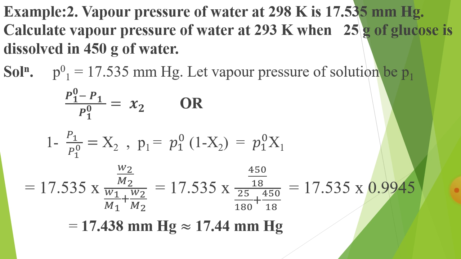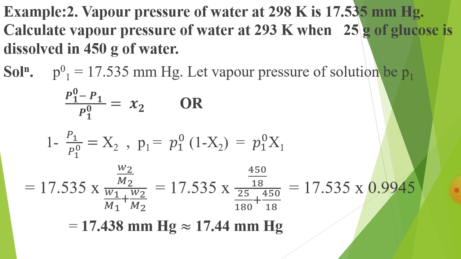The mass of solvent given is 450 and the mass of solute given is 25 gram. So 450 divided by 18, then divided by 25 by 180, the molar mass of glucose, plus 450 mass of water divided by 18 gram per mole, the molar mass of water. W1 divided by M1 means the number of moles of solvent, divided by the number of moles of solute plus solvent.